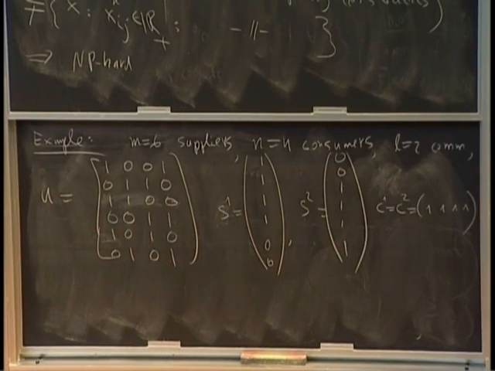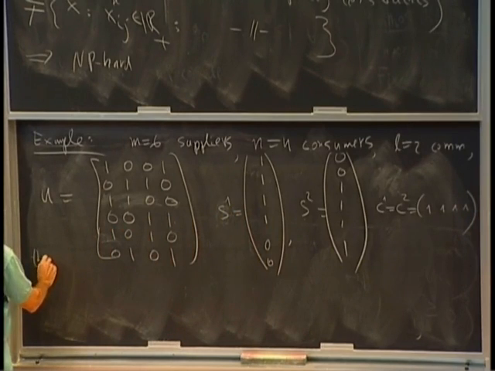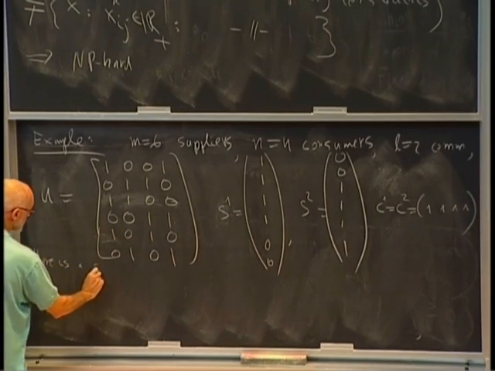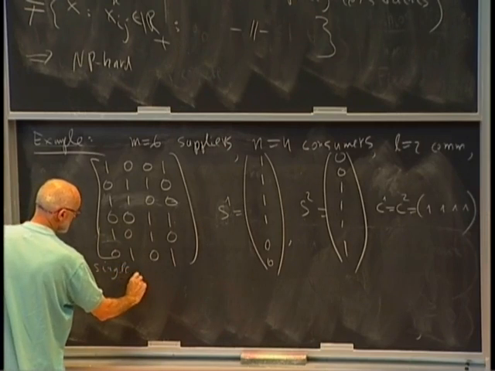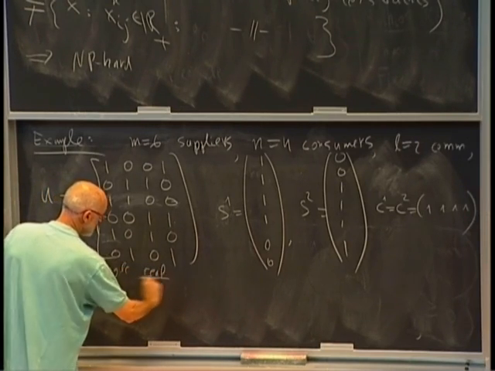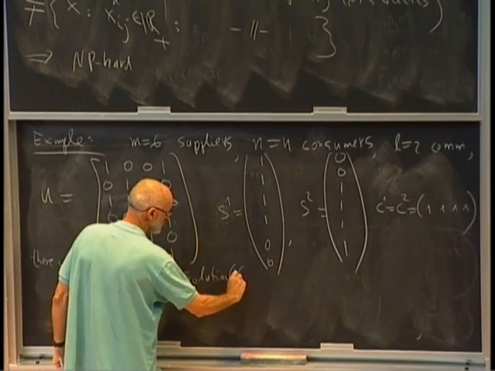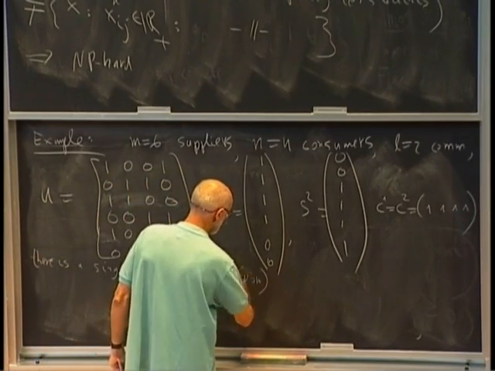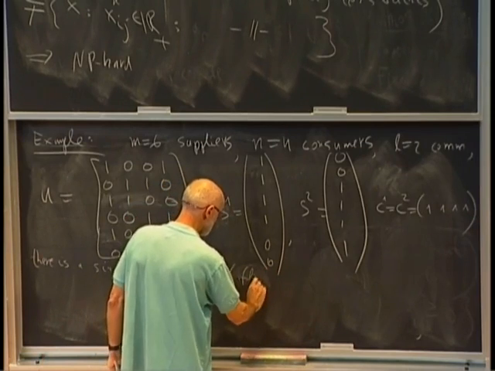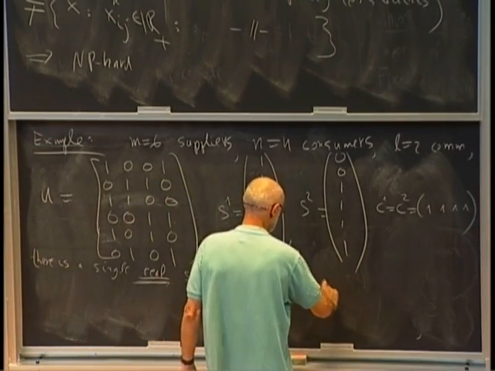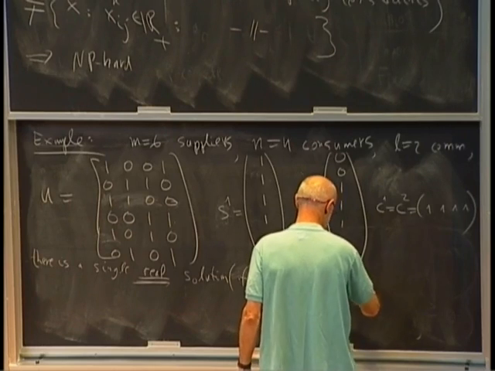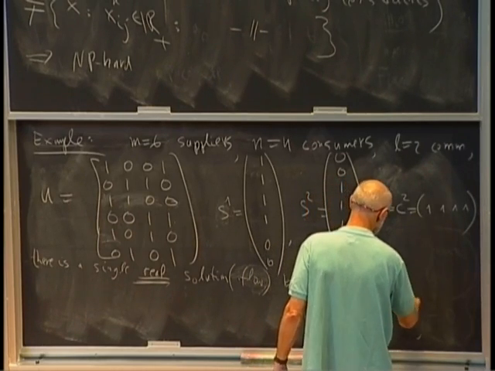And if you look at this data, there's a single real solution, a flow, a transportation, but no integer solution.